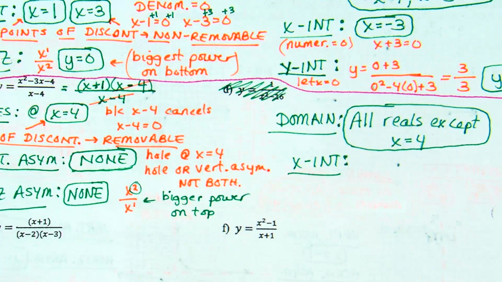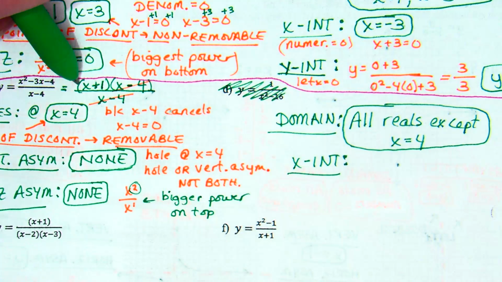Can that also be an x-intercept? Does my graph technically touch the x-axis there? No. Because that canceled, we won't worry about it, and we will just use x plus 1. So if you set x plus 1 equal to 0, where am I going to have an x-intercept? X plus 1 equals 0, so x equals negative 1.